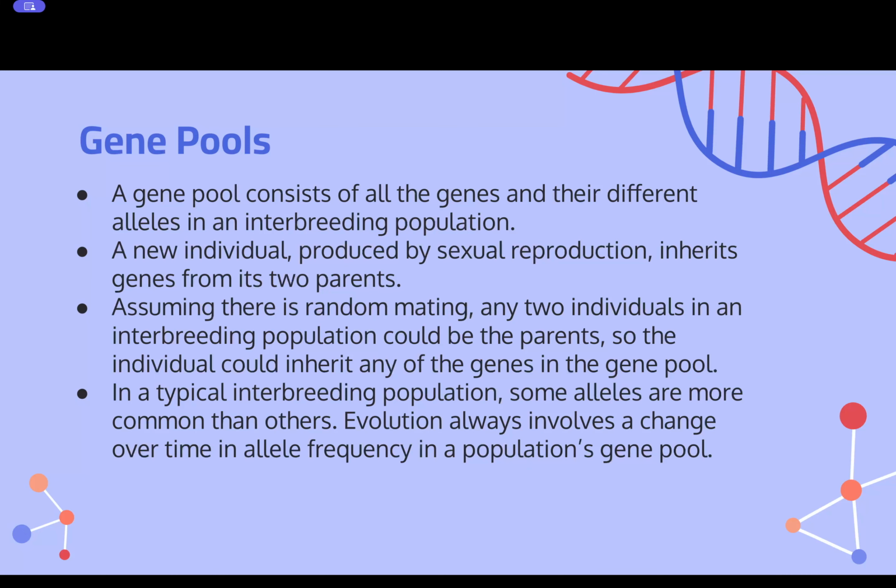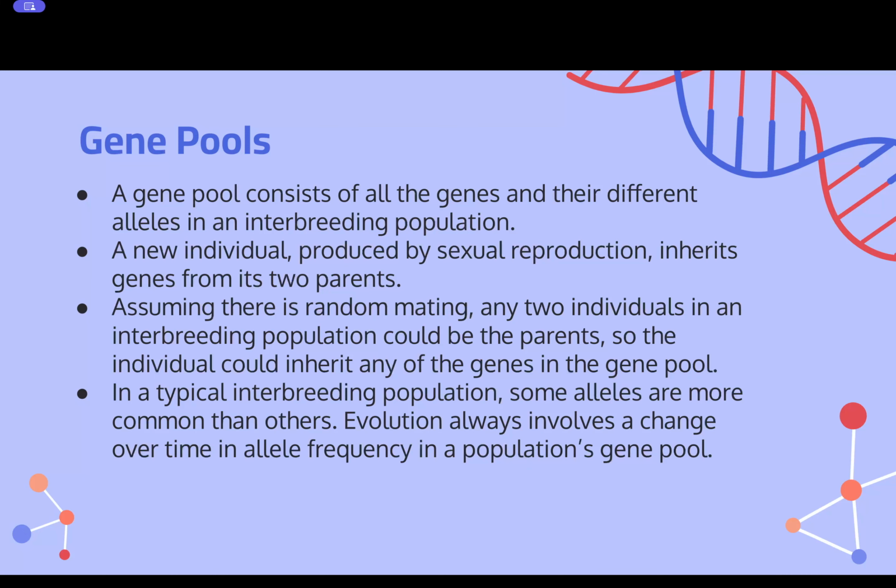If you want me to be more specific, for example, if in the entire gene pool there's capital A, capital B, small a, lowercase b, the four alleles, and they're randomly assorted in a population, it's possible that the newly formed individual could have any combination of A's and B's.